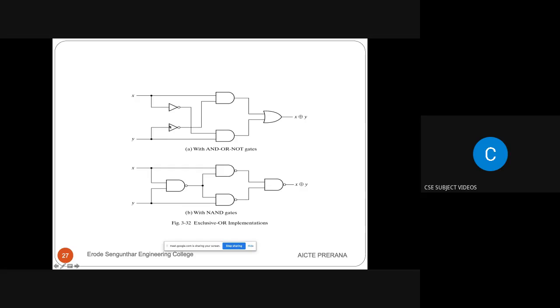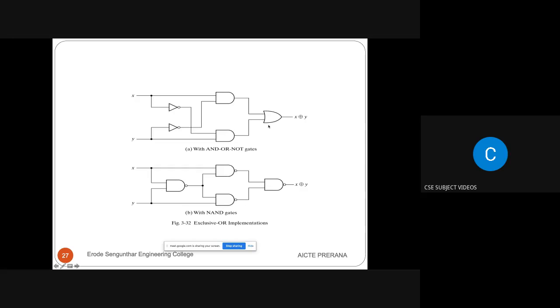As we have to implement with the minimum number of gates, we have to consider this single input NOT gate. It is not an AND gate, it is a NOT gate. Instead of considering this NOT gate as a single NAND gate and that NOT gate as a single NAND gate, we are considering both these NOT gates as a single NAND gate here.